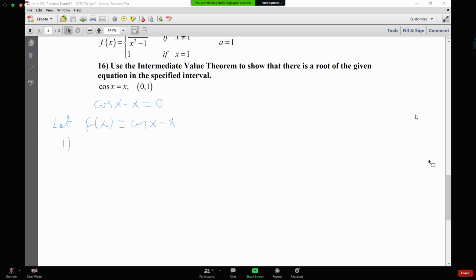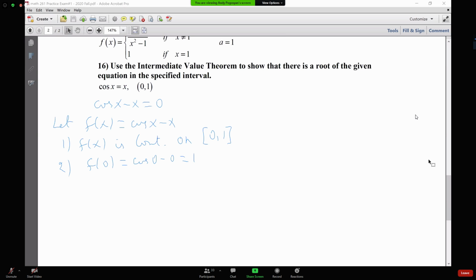First, f of x is continuous on [0, 1]. Now, second, f at 0 equals cosine 0 minus 0.